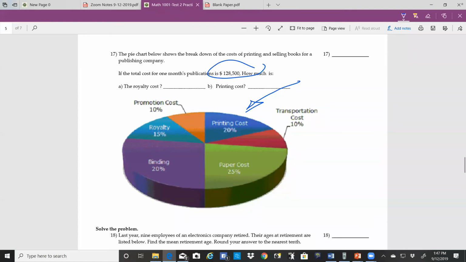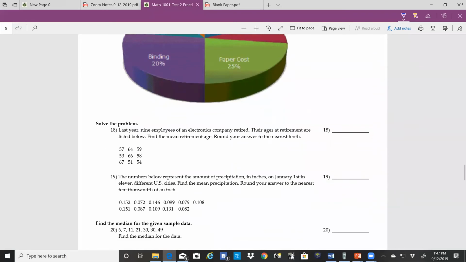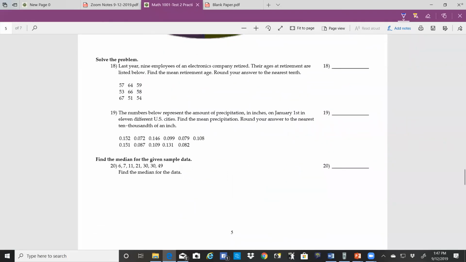We're not going to work all these. But now here's a lot of data where you need to calculate the mean. You'd have to calculate the mean of all this data.